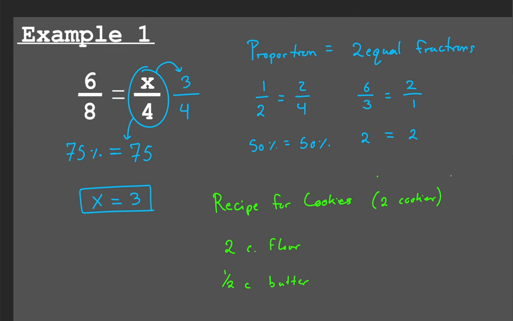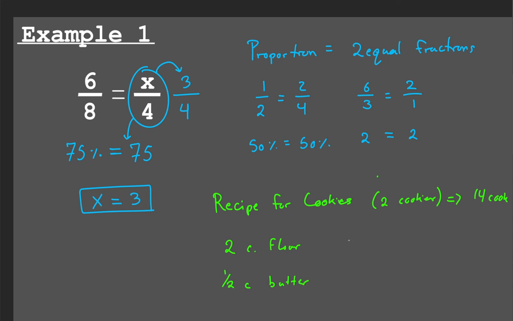But what if you had 14 friends coming over? What if you had a big party of people coming over? Well, I need to find some way to figure out how much flour I would need to make 14 cookies. That's where proportions come in. We could make this into a proportional problem.